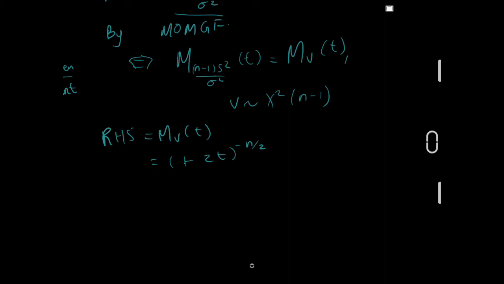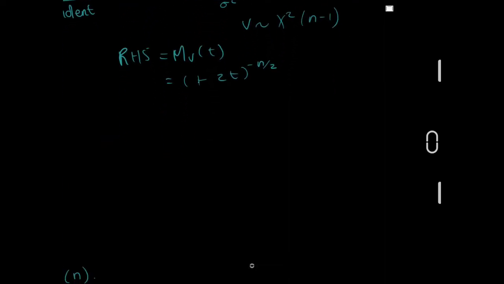So we're going to define this other random variable, which seems like it's coming out of nowhere, but we're going to define W to be the sum from i equals 1 to n of xi minus mu squared over sigma squared.